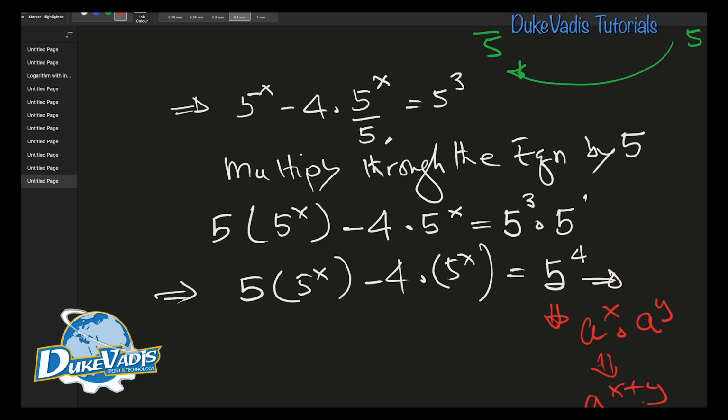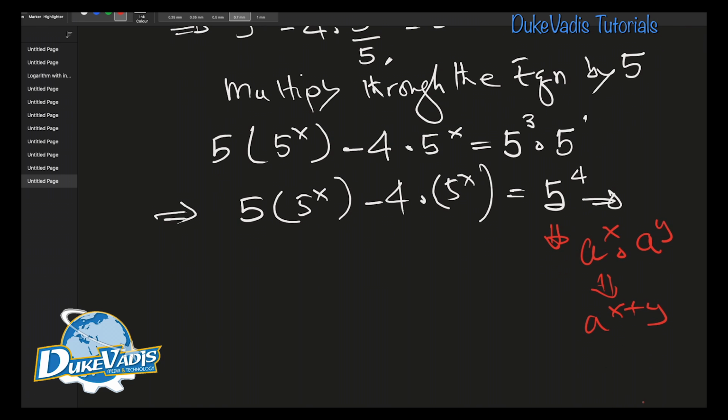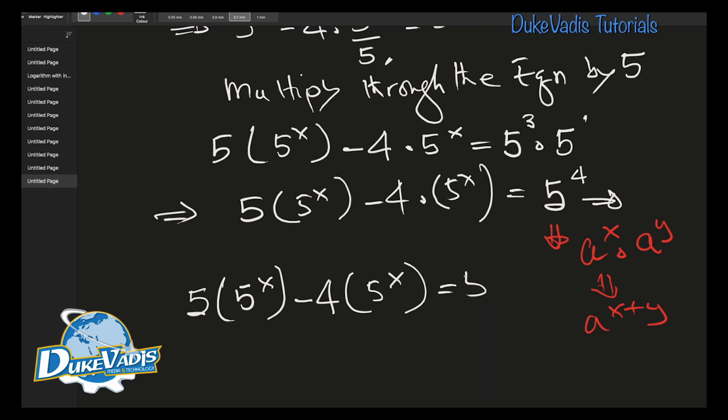That's why we have 5 to the power 4, because 3 plus 1 is 4. That will make it easier for us to work now. So let's rewrite our equation back. Finally we have 5 into bracket 5 exponent x minus 4 into bracket 5 exponent x is equal to 5 raised to the power of 4.